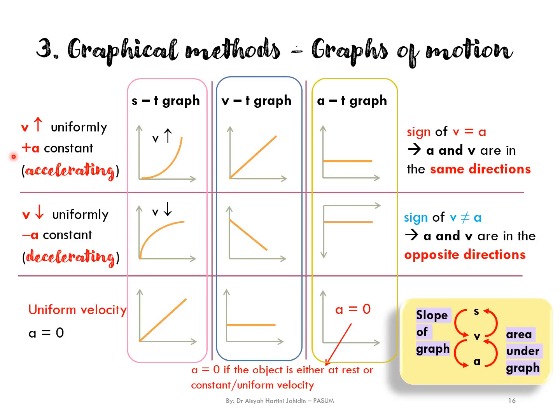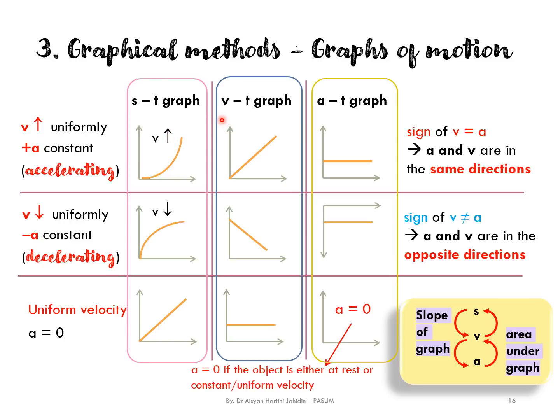So we must write the acceleration as positive. The sign of a is positive. When we look at the first graph, the s-t graph, we will have a positive curve slope, which refers to the velocity that is increasing.